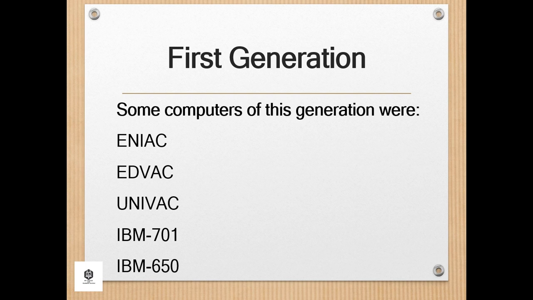Some computers of this generation were ENIAC, EDVAC, UNIVAC, IBM 701, and IBM 650.